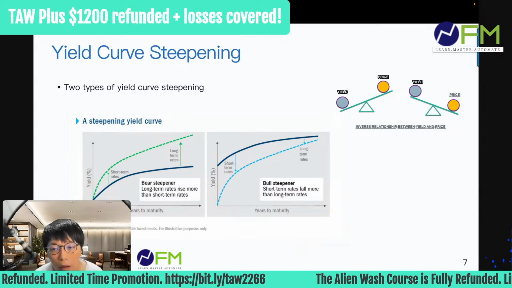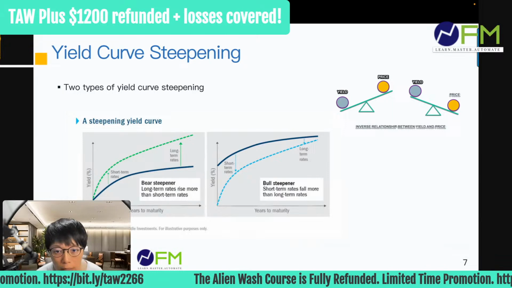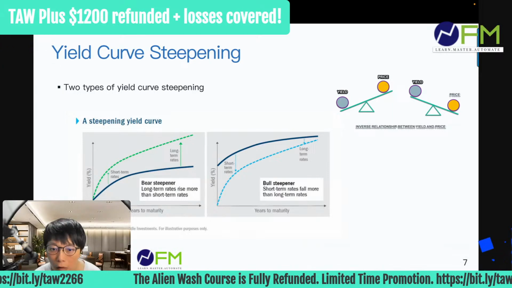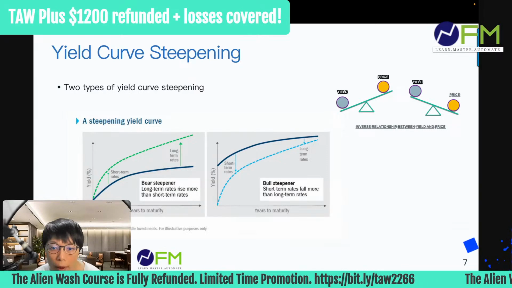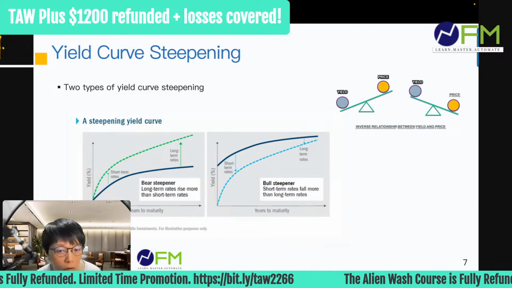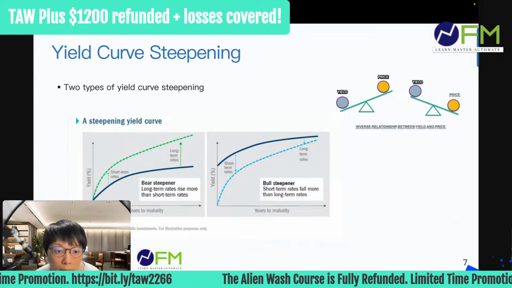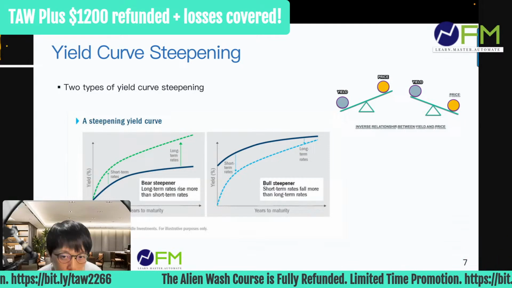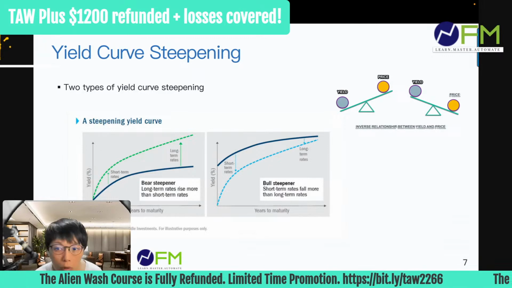The market sort of realized that the very aggressive rate hikes of the Fed might be causing some problems to the banks, or there are even talks that it might be causing problems to the commercial REITs in the US. What we are seeing right now is a steepening of the yield curve.